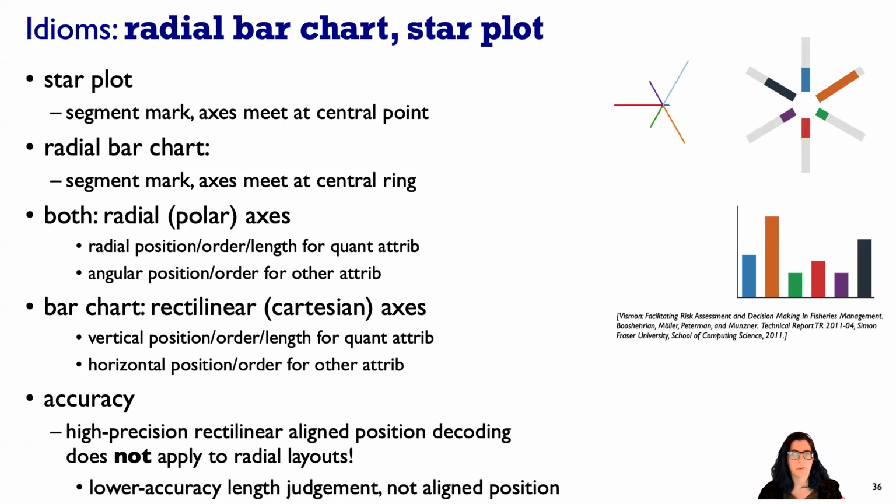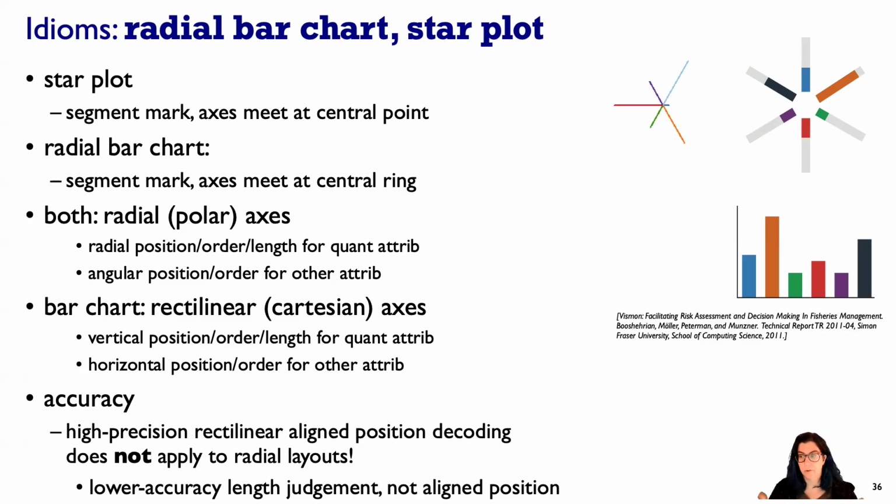So let's start with a simple case, a star plot or a radial bar chart. This one on the left, a star plot, is where you've got segments meeting at some central radial point. A radial bar chart is where you also have things laid out radially, but there's a central ring, and these axes are going to the ring rather than collapsing to that point. Both of these are basically a bar chart where you are ordering things radially rather than rectilinearly.